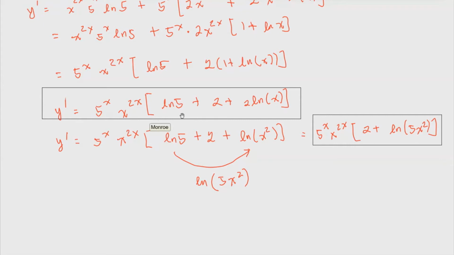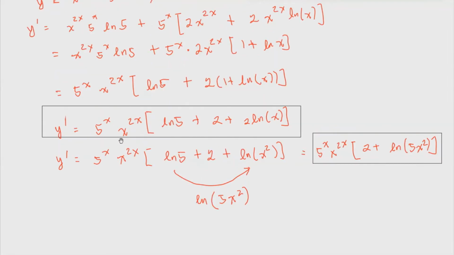So what I'm suggesting is you use something like rational numbers, for example 2.5 or 5.7, something like that, so that it's not a whole number. So if you try to substitute that at any value of x here, you'll be able to get the value of y prime. It should be equal to the value that you'll be able to get here, because if that's the case, then your simplifying is correct.